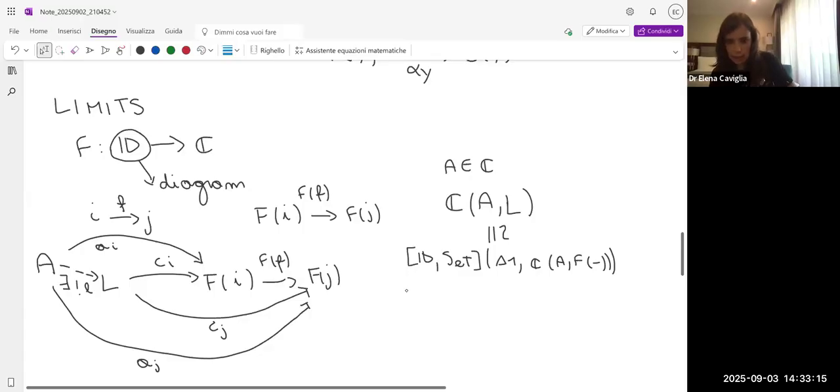Okay, so let's see. What is a natural transformation from Δ1 to C(A, F−)?